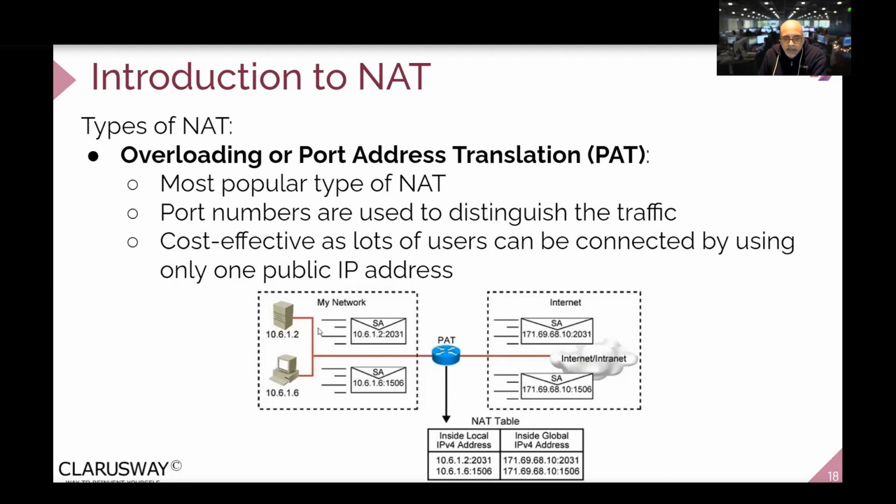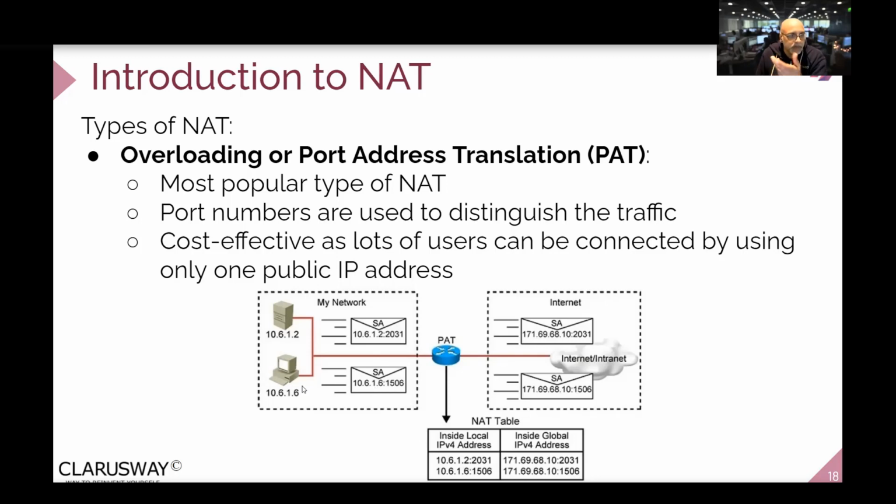So if you send a request from 10.6.1.2, okay, it's going to use this port, and when it comes back on that port, it's going to know that that's destined for this particular IP. Or if it comes in on this port, then it's going to send it out on that port, and anything coming back on that port is destined for that IP.